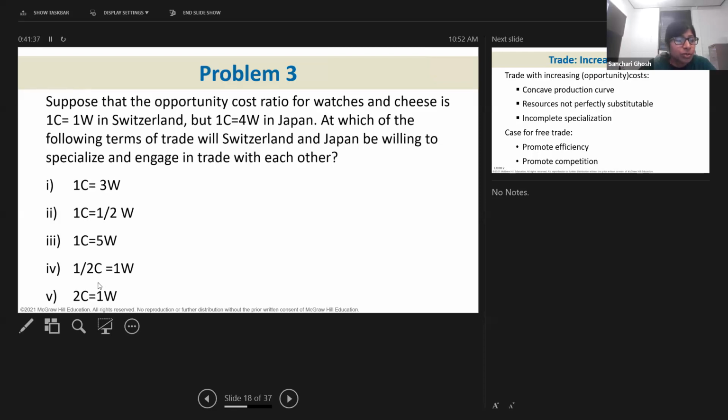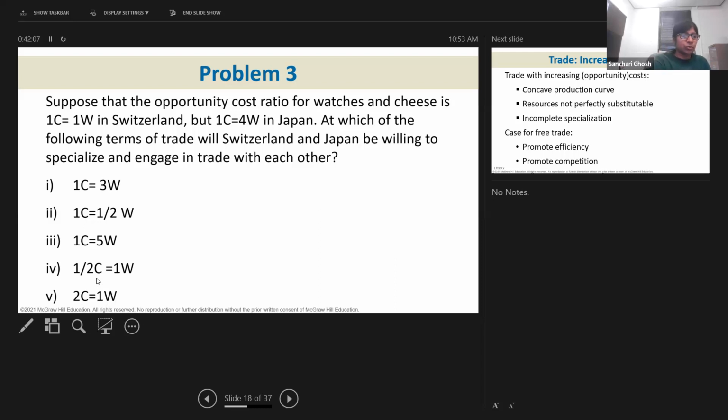Going back to our cheese with 1 watch: 2 cheese is 1 watch, so 1 cheese is half a watch. And this one is still 2 cheese equals 1 watch. So 1 cheese equals half a watch. I think this might be written a little weird.